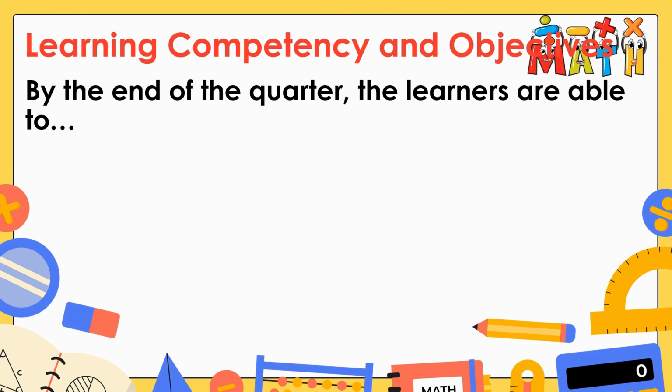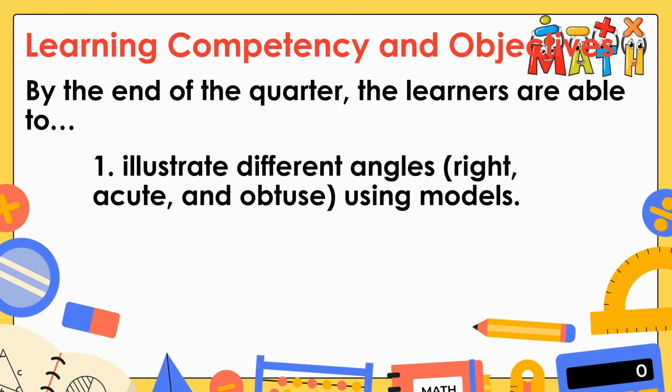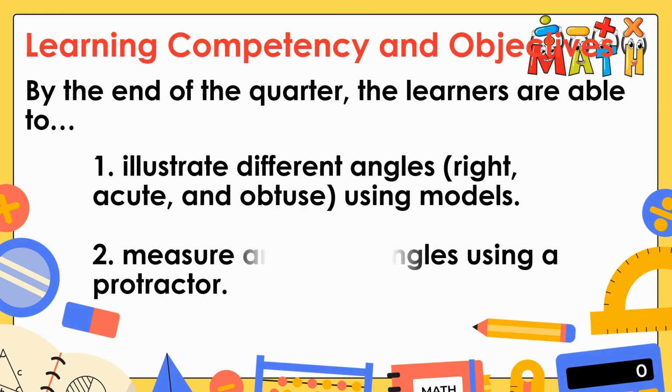For our learning competency and objectives, by the end of the quarter, the learners are able to first, illustrate different angles, right, acute, and obtuse using models. Second, measure and draw angles using a protractor.